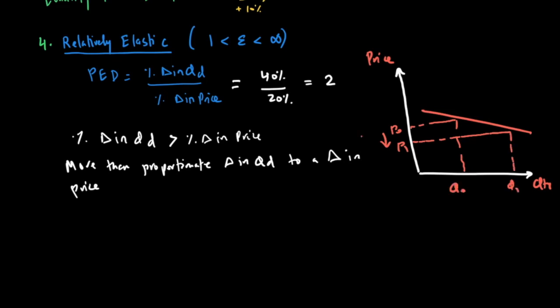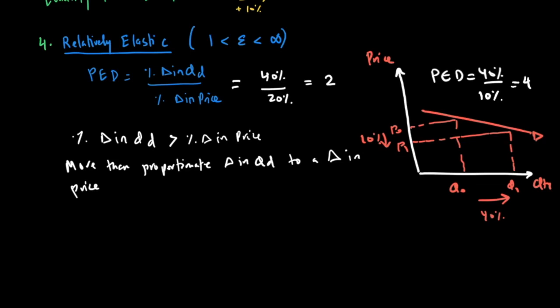For example, let's say the price goes down by 10%, quantity demanded may go up by, let's say, 40%, and my demand curve might look like this, where my PED will be 40% over 10%, or 4.